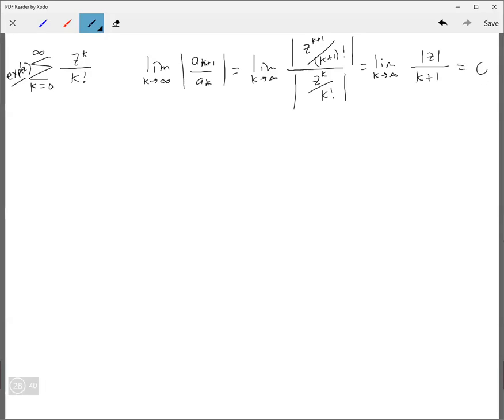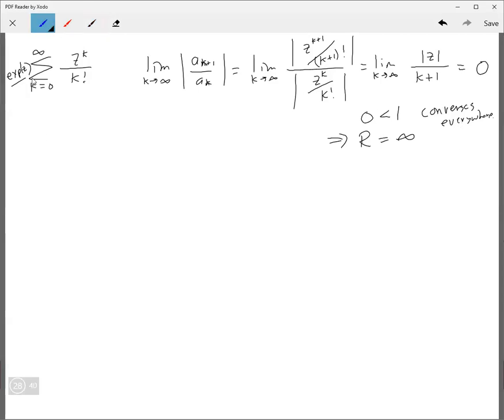And so that's going to be 0. Since 0 is less than 1, the radius of convergence is infinity because it converges everywhere in the complex plane.